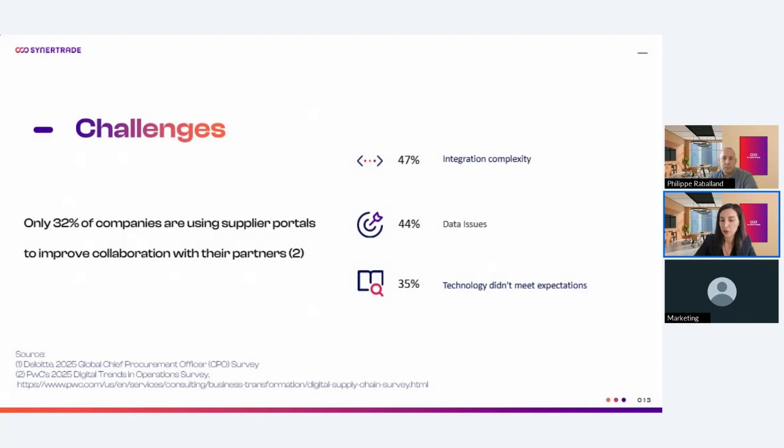When you start implementing a supplier portal, you often discover data issues that you didn't know you had. This is a good thing, because you actually get aware of the problem, and that can be fixed over time. It's not straight away, but it can be fixed over time. And this is also where third-party data providers can help.